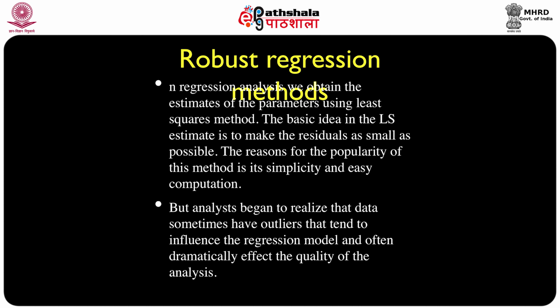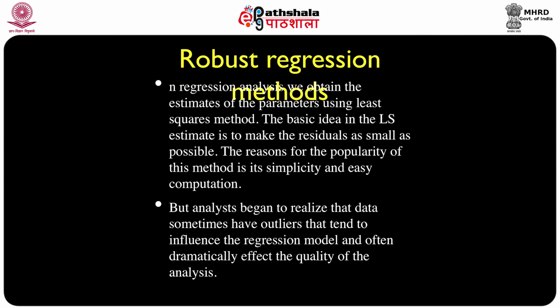Now let us discuss a few robust regression methods that will help us estimate the regression parameters without the influence of outliers acting on it. In regression analysis, we obtain the estimates of the parameters using the least squares method. The basic idea in this method is to make the residuals as small as possible.